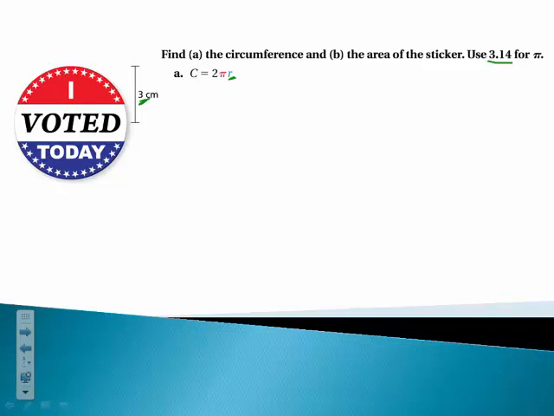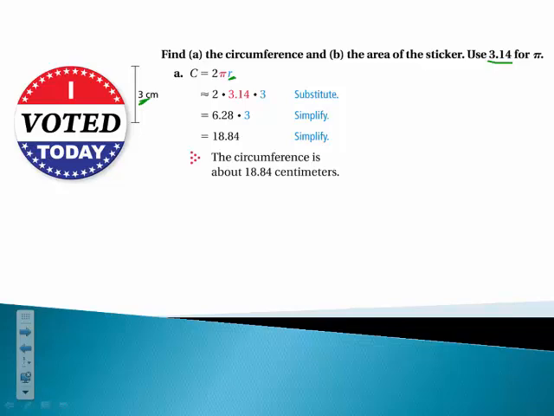So we're going to use the formula circumference equals 2 pi r. So because 3 cannot be divided by 7, we're going to substitute 3.14 and 3. When we go ahead and just do that multiplication, we end up getting 18.84. It's just as easy as plugging in the numbers and multiplying. I will let you use your calculator as long as you show your work. So the answer is about 18.84 centimeters.